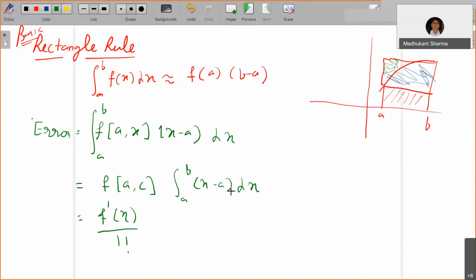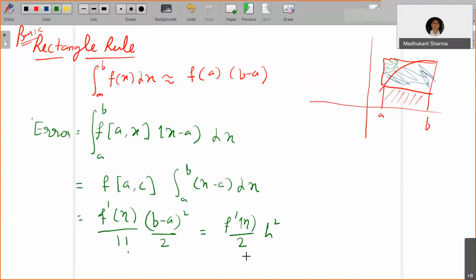If you put upper limit minus lower limit, you will get b minus a whole square by 2. So this is going to be f dash at eta divided by 2 times h square. So this is going to be exact for polynomials of degree less than or equal to 0 only, so only for constant polynomials.